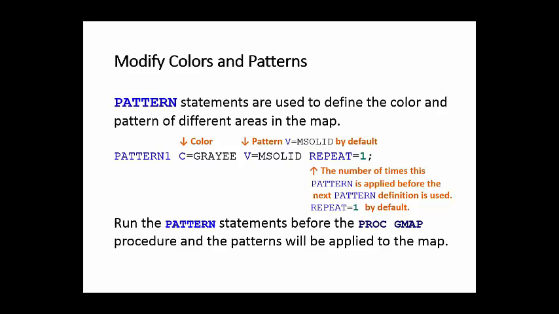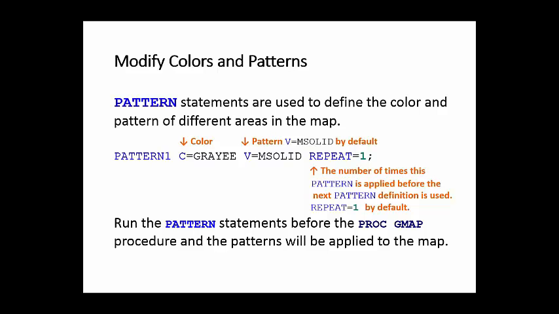In SAS, pattern statements are used to define the color and pattern of different areas in the map. The sentence we are using is pattern C equals color name, V equals pattern name, and repeat equals repeat number.